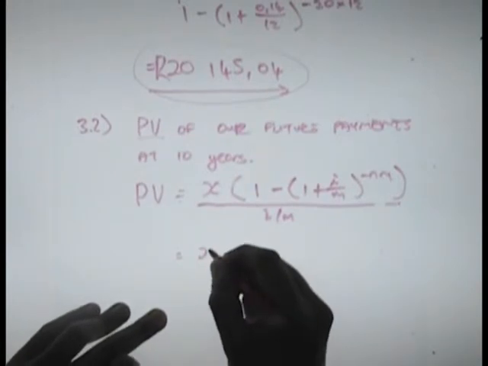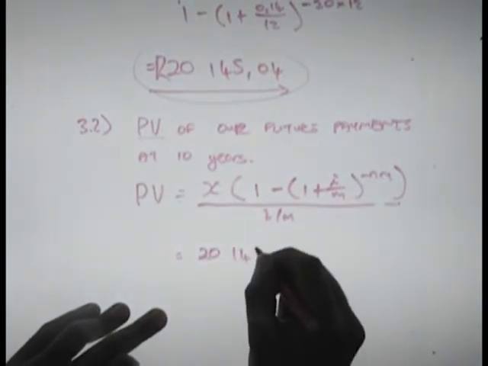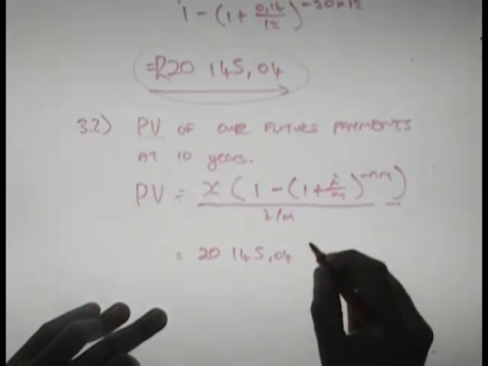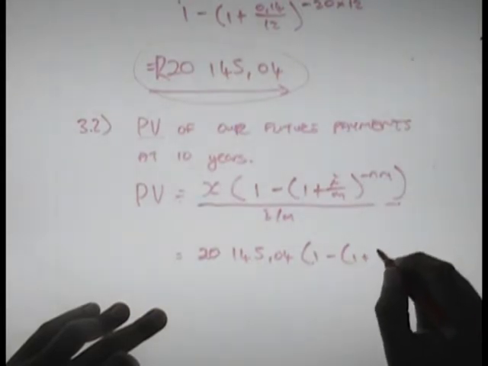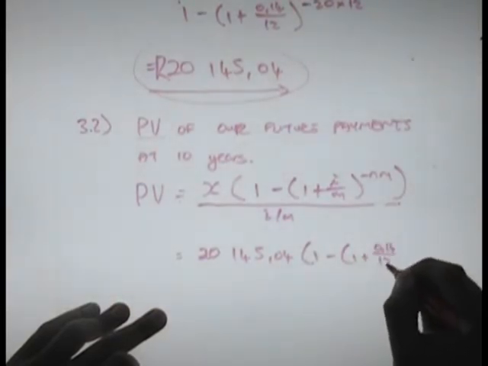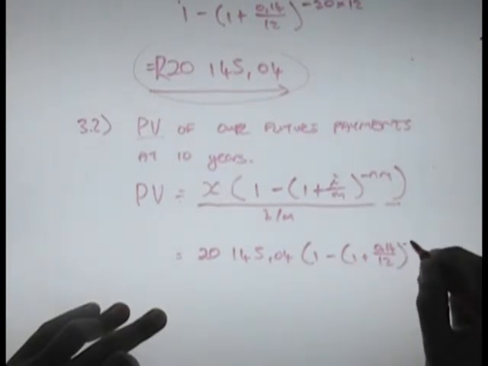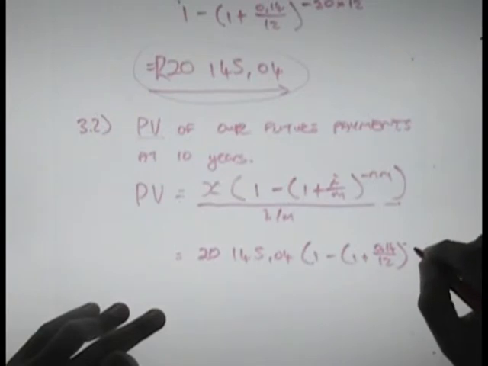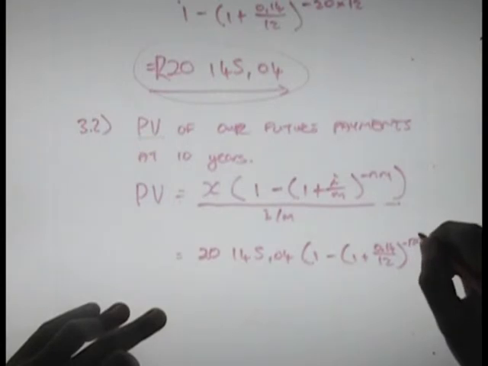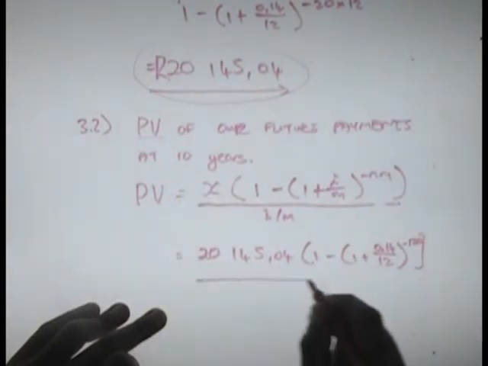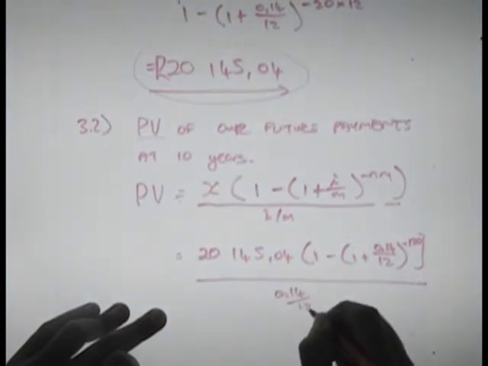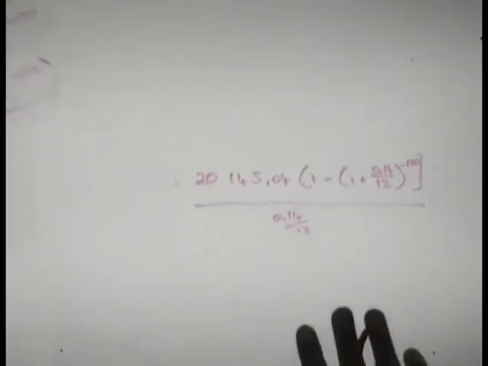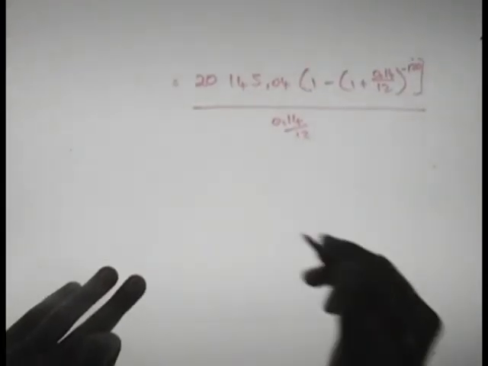Our X is 20,145 Rand 4 cents multiplied by 1 minus 1 plus our interest rate, which is still 14%, 0.14 over 12, to the power negative nm, which is negative 120, 10 years multiplied by 12 compounds a year, over 0.14 over 12, and that is going to give us an answer.